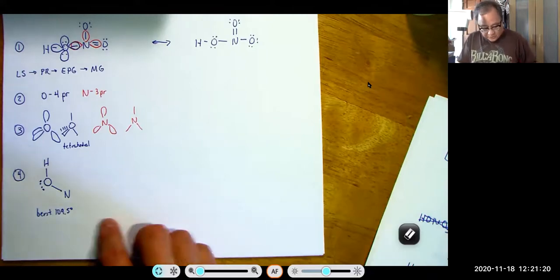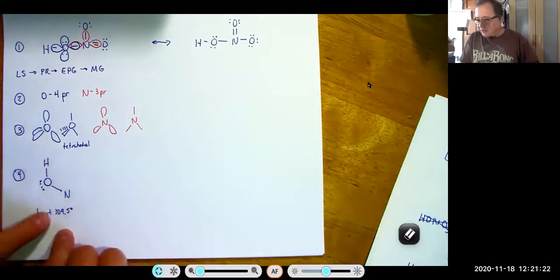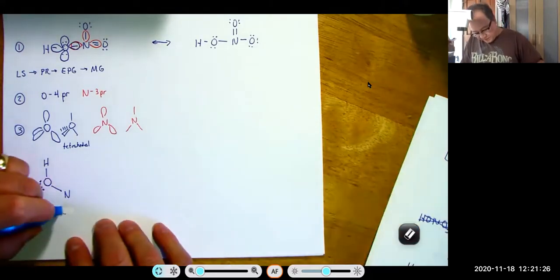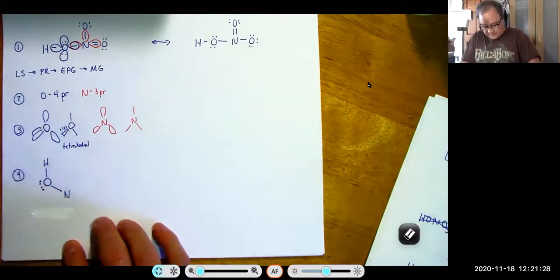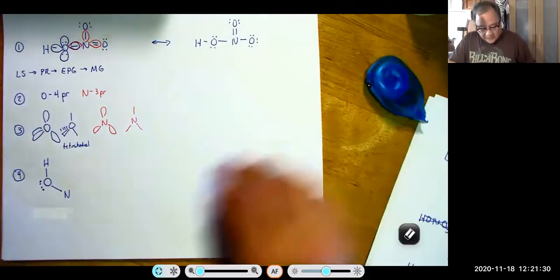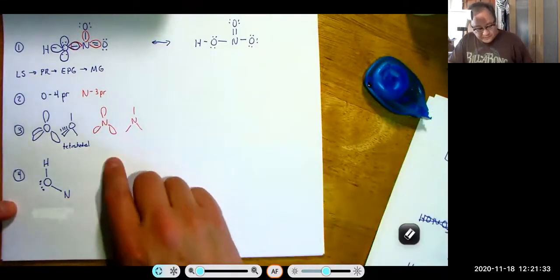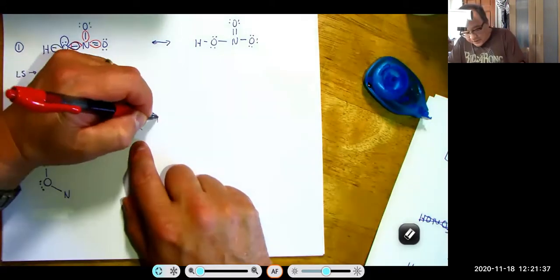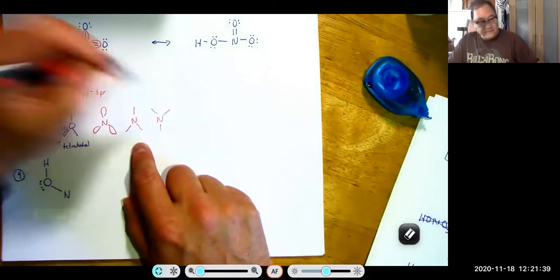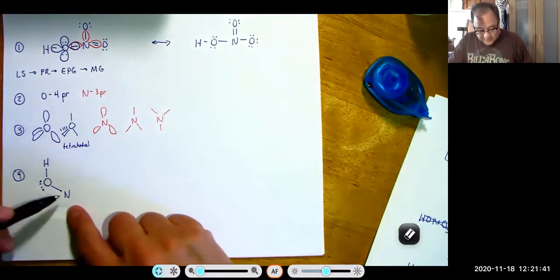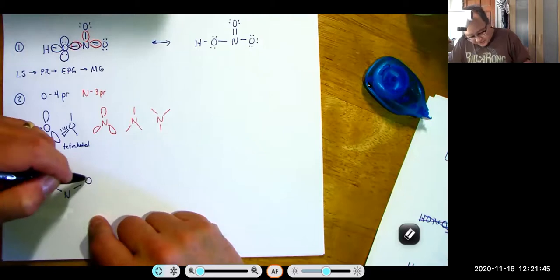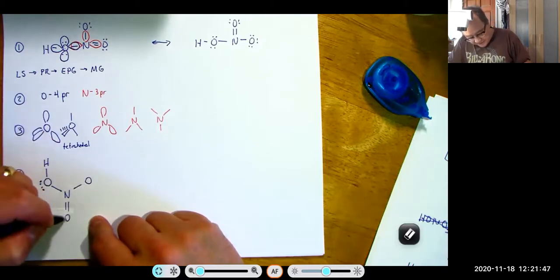Now, if I continue to draw this, and I've kind of made a mistake by drawing that there, I'm going to erase that. Not erase it so much as cover it up. Okay, so the nitrogen's got to be trigonal planar, and you can see I have my nitrogen drawn this way, but I could also draw the nitrogen this way. So I'm going to do it this way, and I'm going to have a single bonded oxygen here and a double bonded oxygen going down.